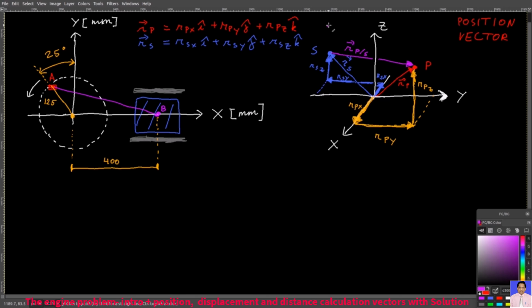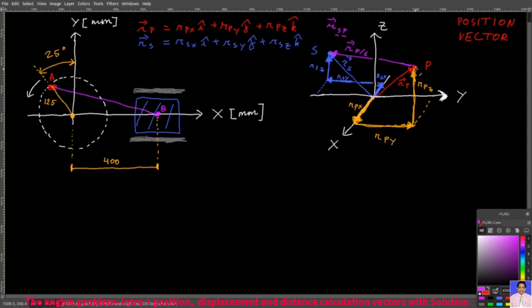Another notation that you can use is this one, R and then SP, but without this slash sign. It would mean that you go from S to P, but with the slash sign, it means P with respect to S.